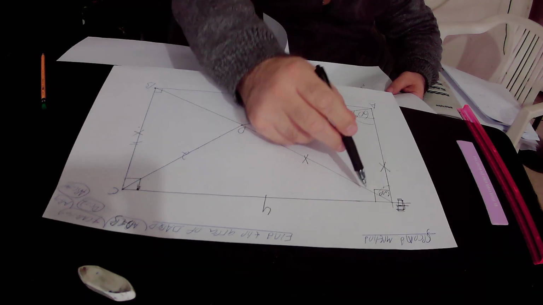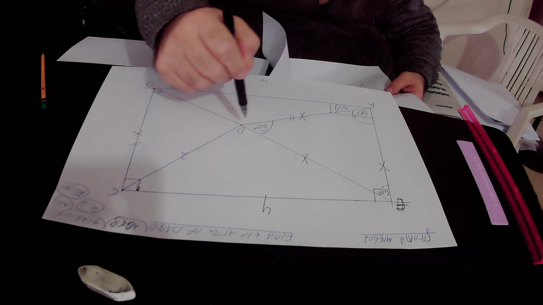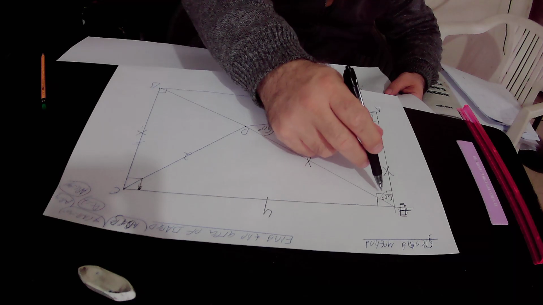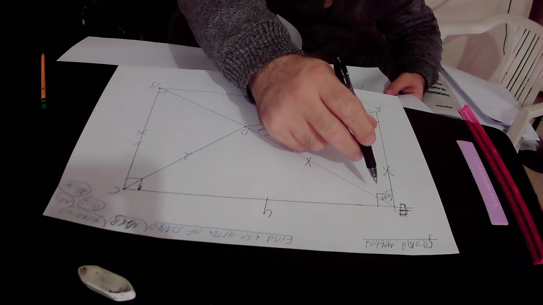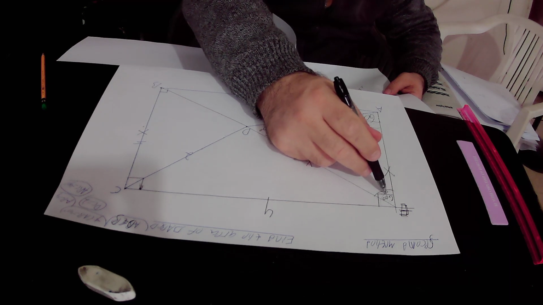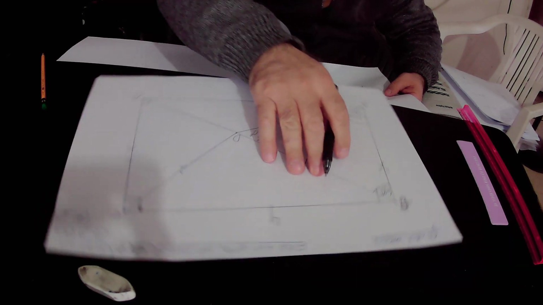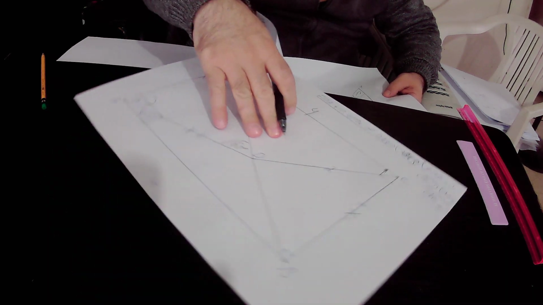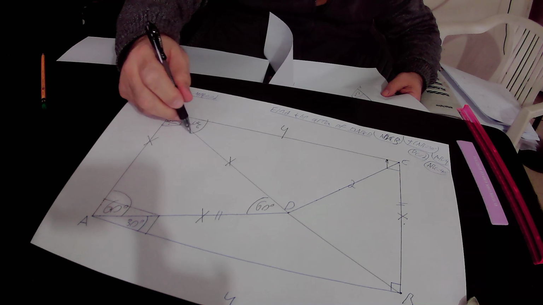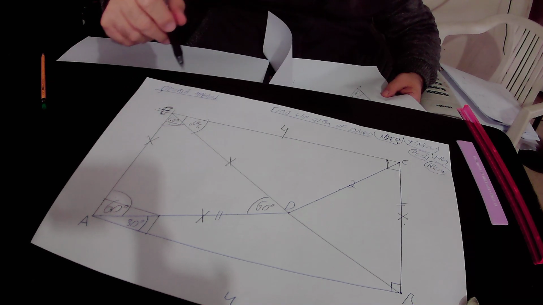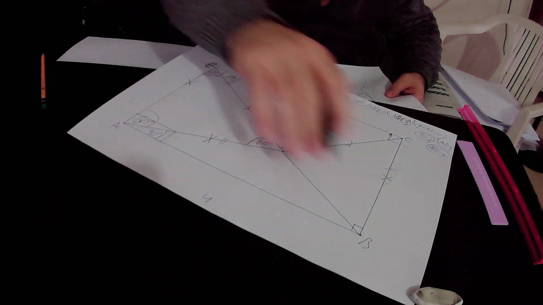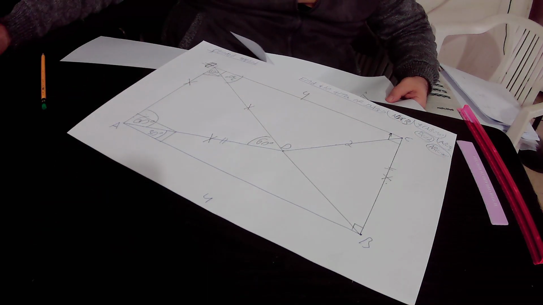So what is the value of this angle? Angle DEC equals 90 degrees minus the size of this angle. 90 degrees minus 60 degrees is 30 degrees, so we found out that angle CED equals 30 degrees.